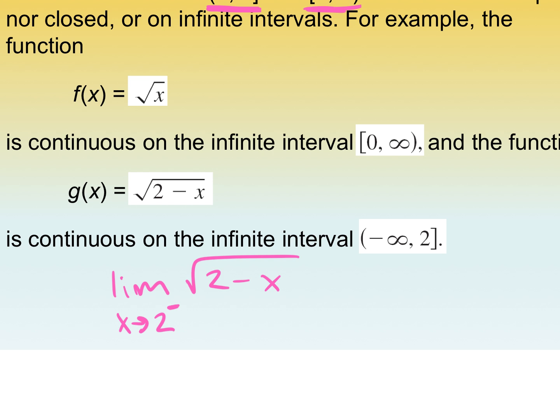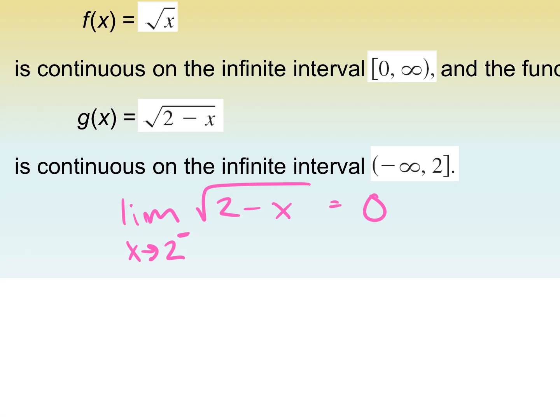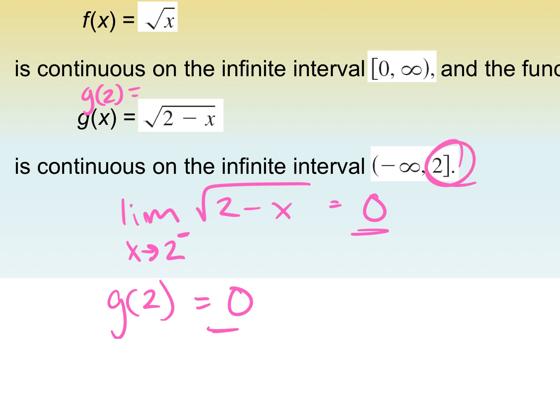If I plugged in 2, what would I get? 0. And then if I were to ask what g of 2 is, if I were to plug in 2 into here, what would g of 2 be? Also 0. So because these are the same values, we can close the bracket there.